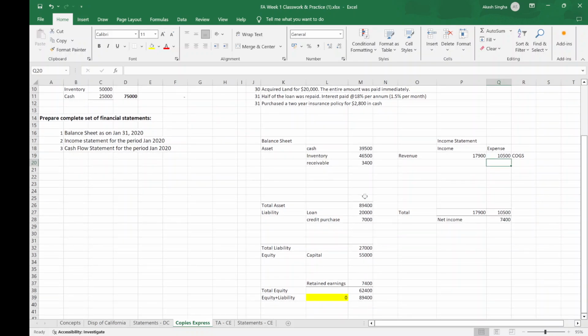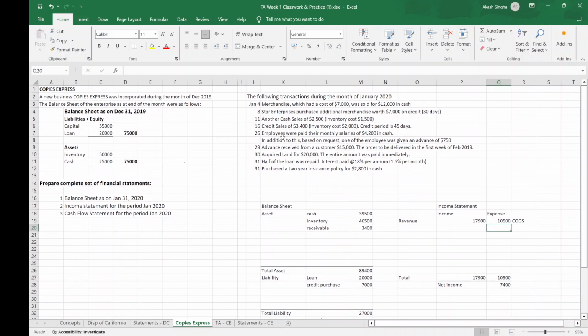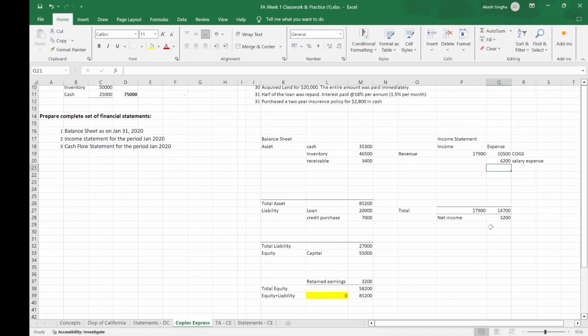It looks good. Now, number 26: employees are paid their monthly salaries of 4,200. Salary is decreased from cash and expense salary 4,200. So still, yeah, it's good.